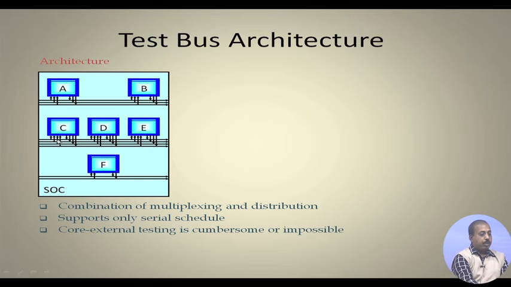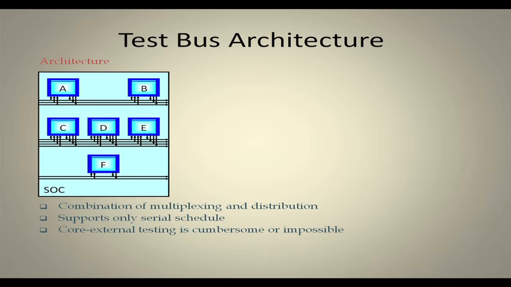So, this is difficult because it is not happening on the same bus. Okay. So, 2 different buses are getting involved when we are trying to test this interconnect. So, that makes the external testing part a bit difficult, maybe impossible also in some cases if we do not have this type of buses available.